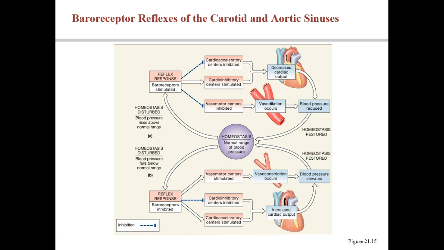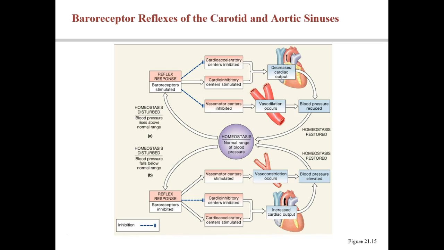The baroreceptors at the top part, if the baroreceptors are disturbed because blood pressure rises above normal range, then you're going to have accelerators inhibited, the inhibition center stimulated, and vasomotor centers inhibited. So what that will do is we're slowing the heart rate down, we are vasodilating, and that's going to reduce blood pressure. And this is going to happen unbeknownst to you. And then the opposite with regard to the other direction.